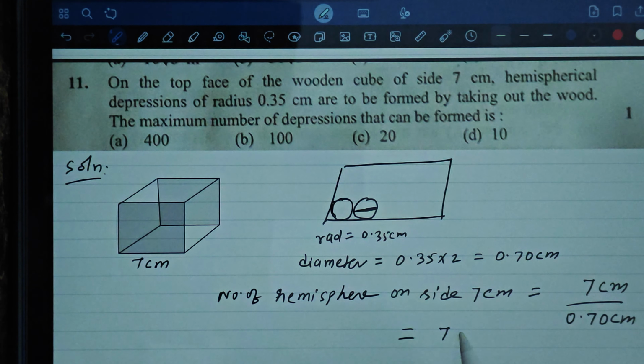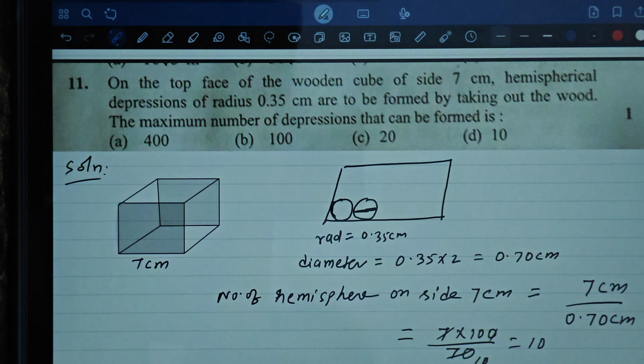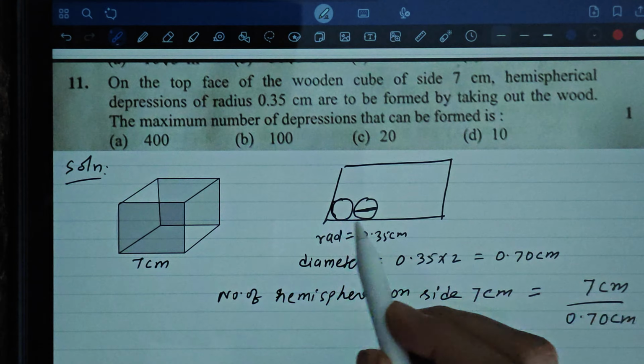So this will give you 7 into 100 upon 70. So 7, 10 jar, 10 numbers of hemisphere on this line.